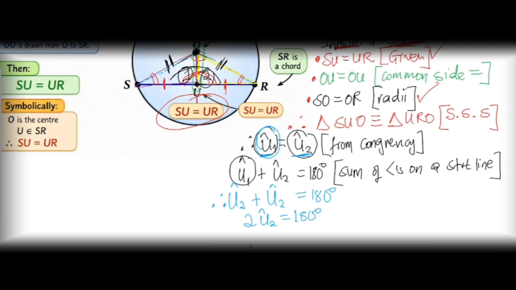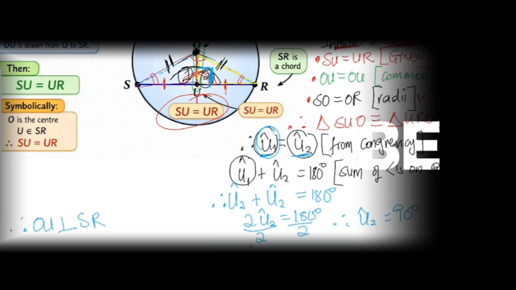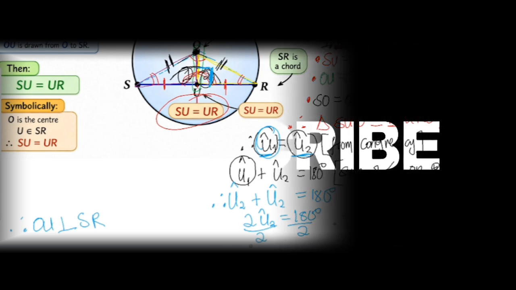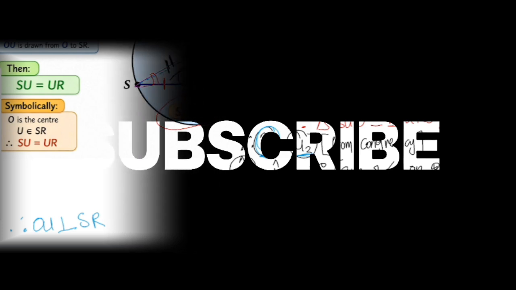This implies that if we divide both sides by 2, angle U2 equals 90 degrees. So we can now conclude that OU is perpendicular to SR, since we already know that U2 is 90 degrees.